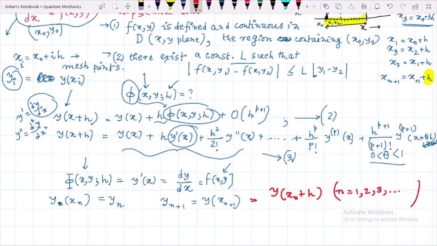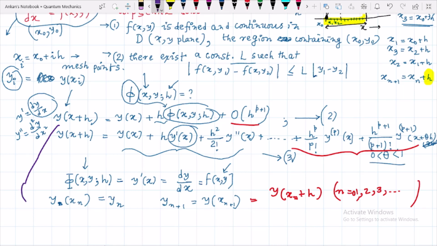It can also involve 0. y1 means y at x0 plus h. 0 can also be there. Okay. So then neglecting the higher terms, this and this, we can compare the yn plus h.